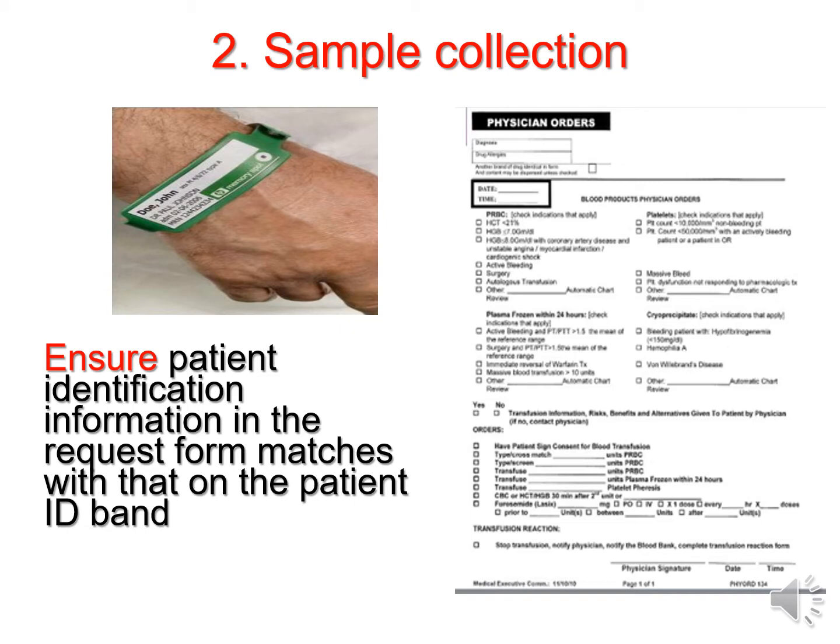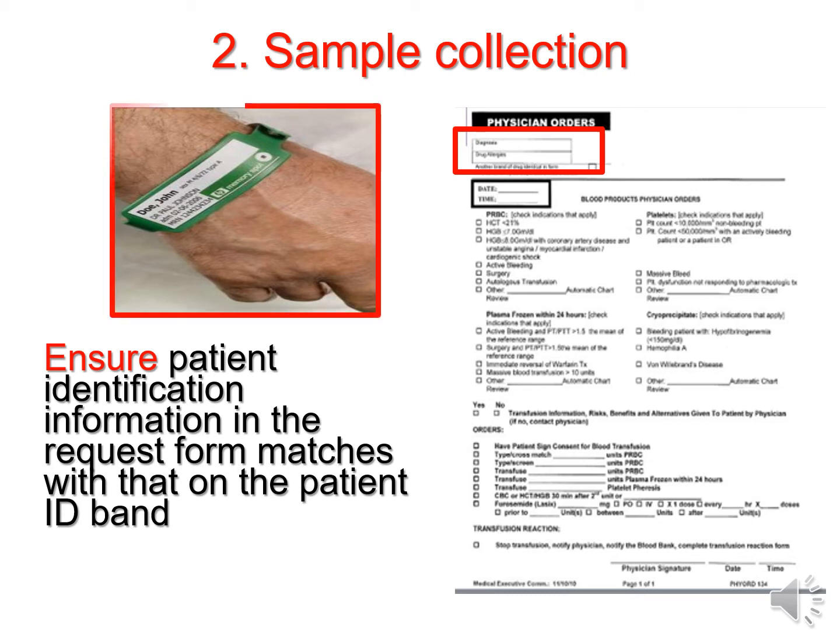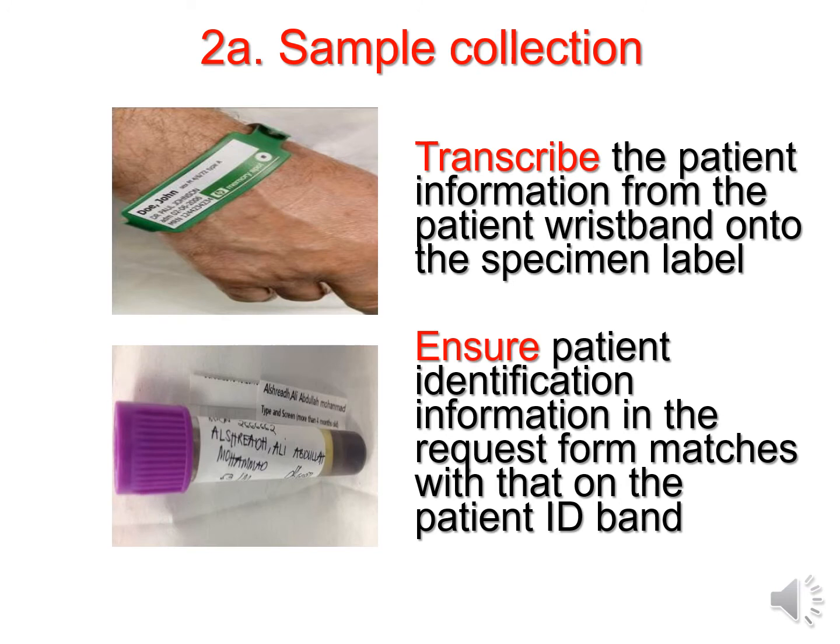We have sample collection, and sample collection ensures patient identification is correct. Information in the request form matches that which is on the patient's ID band and in their medical history. They have to match. Sample collection also includes transcribing the patient's information from the patient wristband ID onto the specimen label.